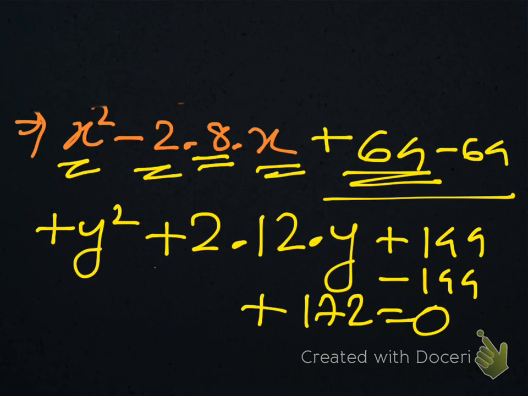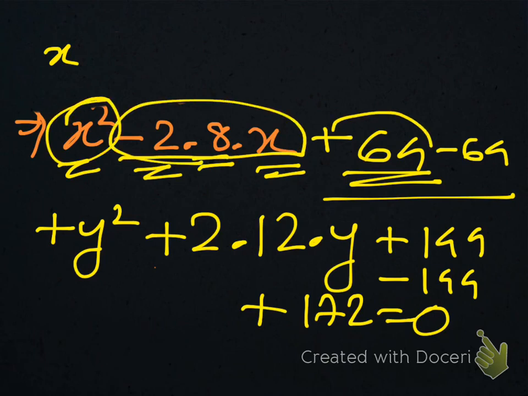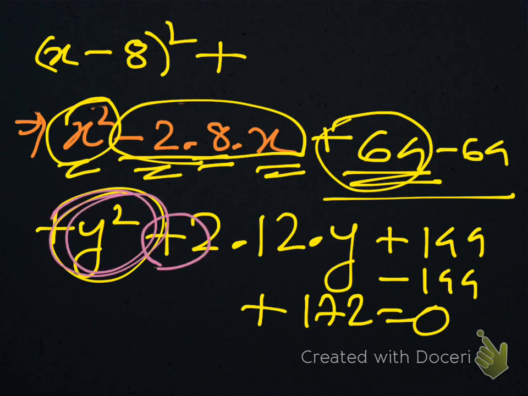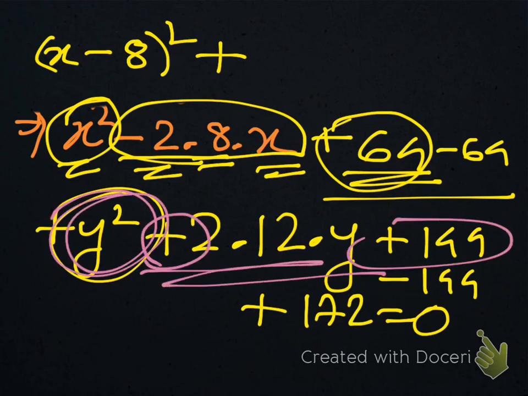Now I can write x part: a square minus twice ab plus b square is a minus b whole squared, and plus over here, a square plus twice ab plus b square is a plus b whole square.